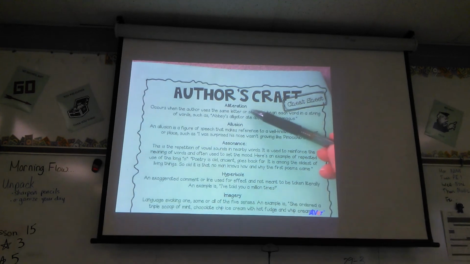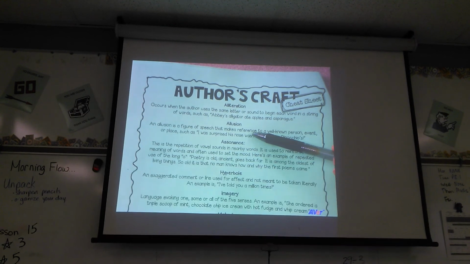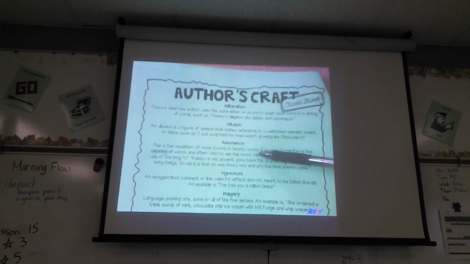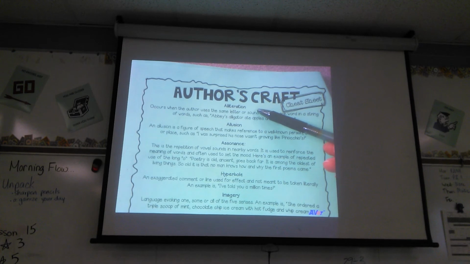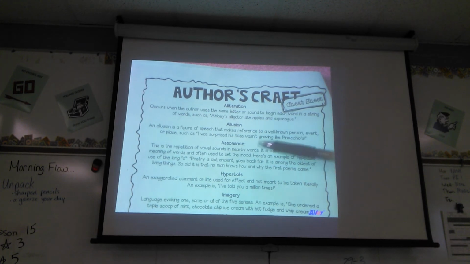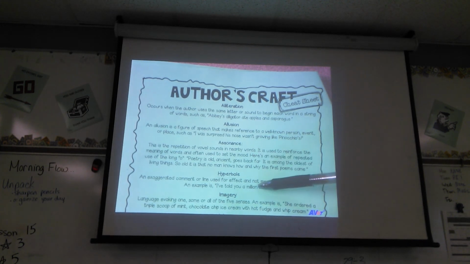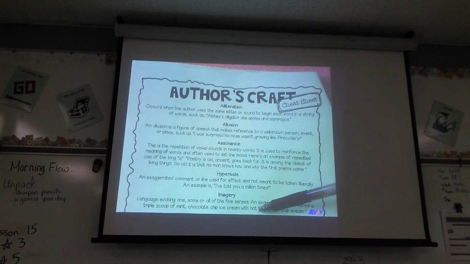So again, we have our alliteration. We also have allusion, which we didn't talk about, okay? Now, assonance, or assonance, different people pronounce it different ways. Alliteration is the repetition of consonants. Assonance is the repetition of vowels, okay? Hyperbole is exaggeration, an exaggerated comment.